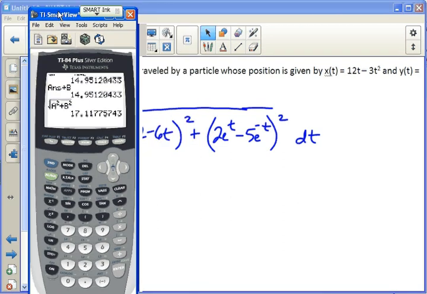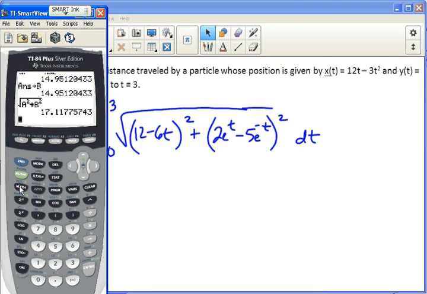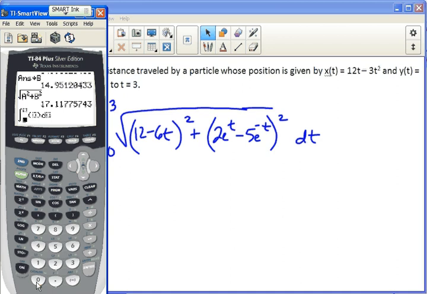So I will do math 9. I'm going to do the integral from 0 to 3. That's what they instructed us to do. Square root. Be very careful with parentheses here. I need to start a parenthesis and do 12 minus 6t, close the parentheses and square it, plus parentheses 2e to the x minus 5e to the negative x.